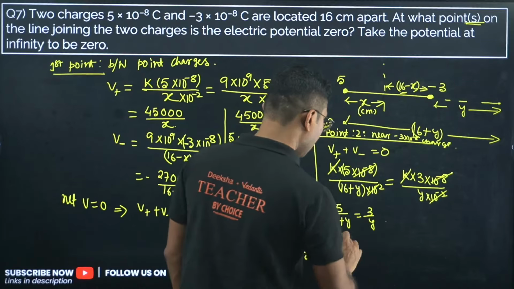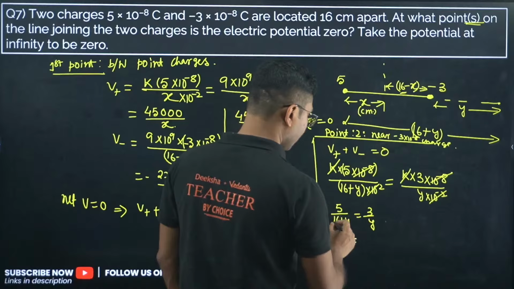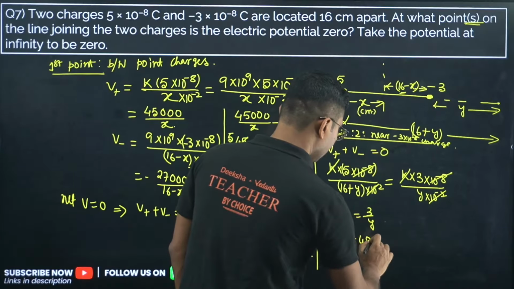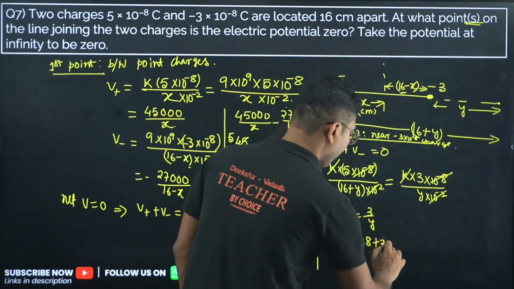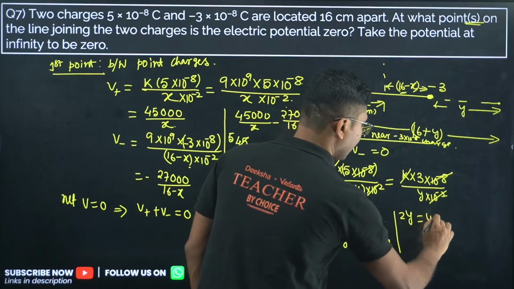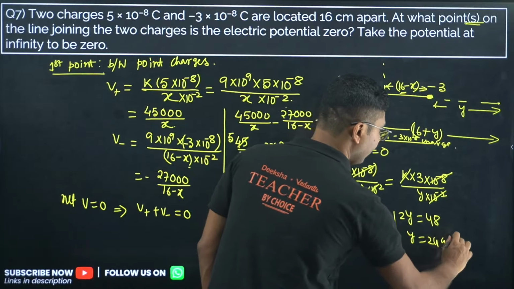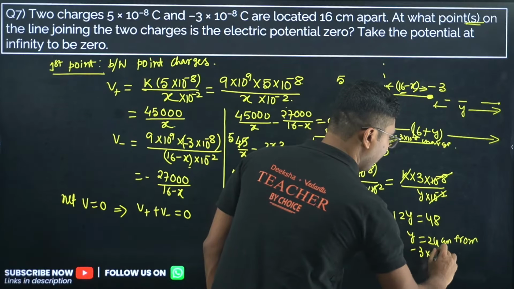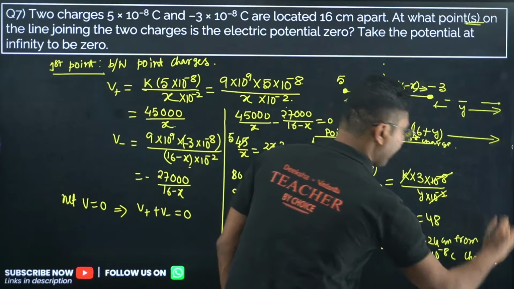Now cross multiply. 5y equals 48 plus 3y, or 2y equals 48, or y equals 24 centimeter from the minus 3 into 10 to the power of minus 8 coulomb charge. Clear?